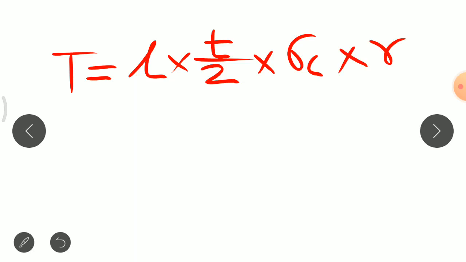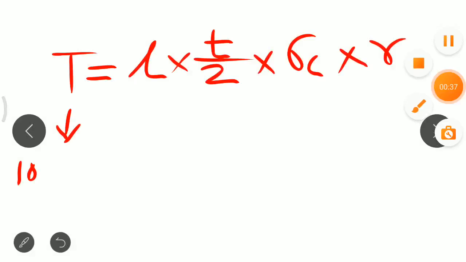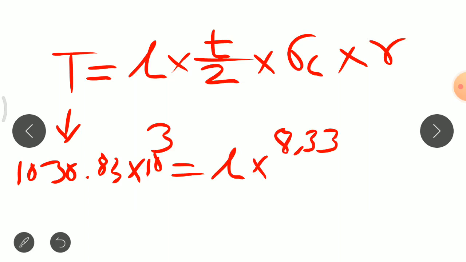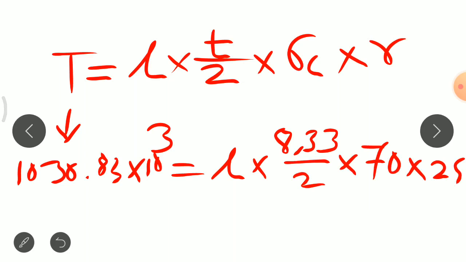We know the value of torque is 1030.83 into 10 to the power 3 is equal to, we don't know the length, so as it is, and t is equal to 8.33 divided by 2, multiplied by sigma c, that is 70, and r is 25, half of the diameter, and the diameter is 50 mm.